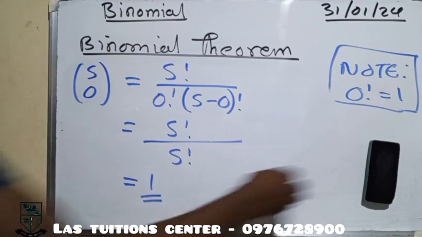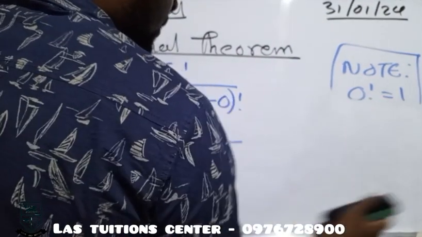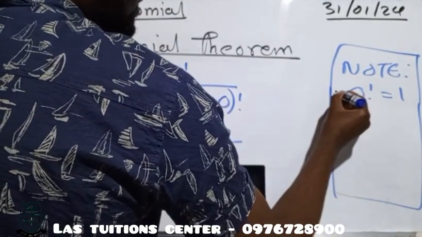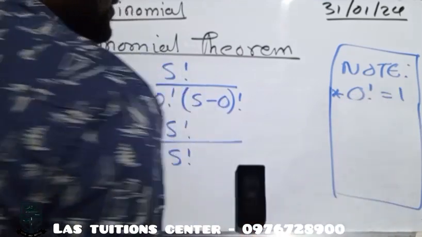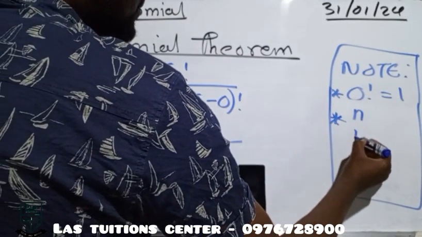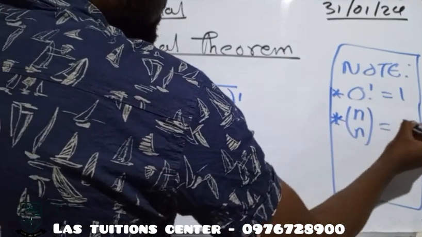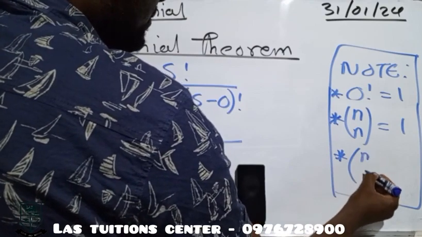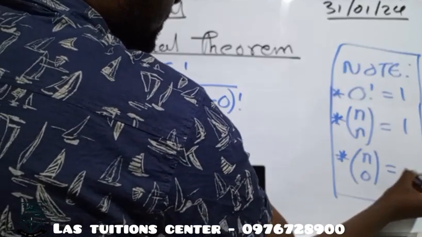So you need to take note of certain things. One, 0 factorial is equal to 1. The other thing is n choose n gives us 1. And the third is that n choose 0 is also equal to 1.